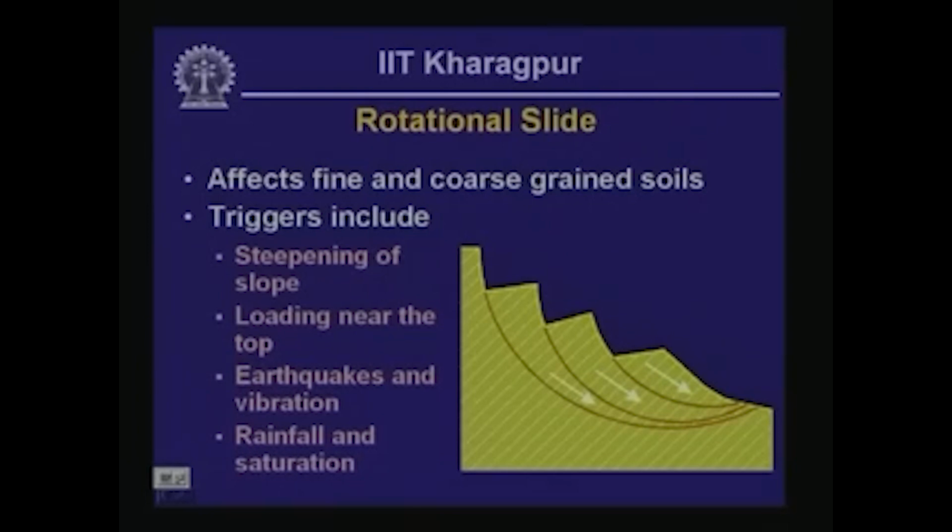Typically, these slopes are most unstable near the bottom of the slope, so a small failure is triggered near the bottom, and this failure leads to the slumping of a small mass near the toe of the slope, and it leaves a small failure scarp near the bottom portion of the slope.